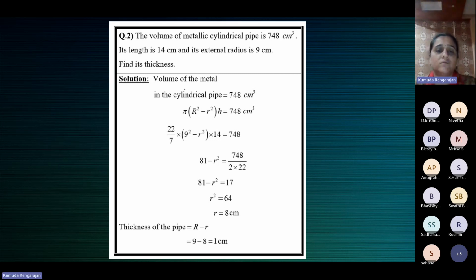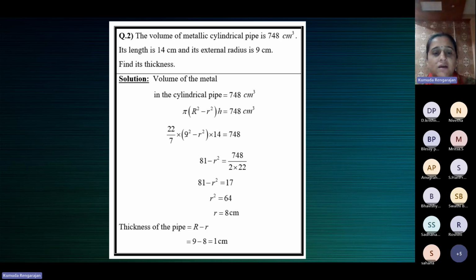We are given the volume, so you write out the volume. Volume is 748. This is the formula to find the volume: pi (R square minus r square) into h is equal to 748. Pi is 22 by 7. External radius capital R is 9, so 9 square minus r square, internal radius we don't know, into the height 14 is equal to 748.